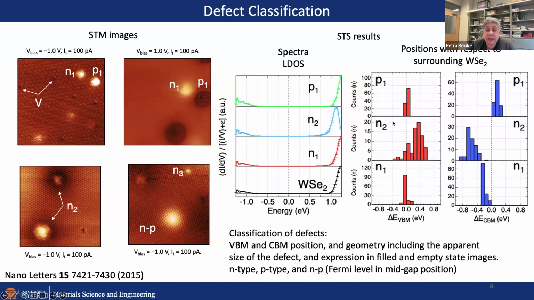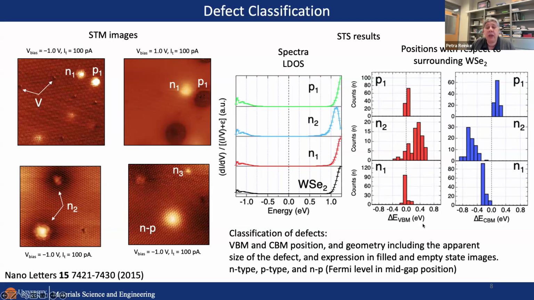And here you can see the distributions for the position of the valence and conduction band edges in that system. And you can see that for a P-type defect, an N-type defect, and another N-type defect, your conduction band edge essentially moved, but your valence band edge kind of stayed in the same position.